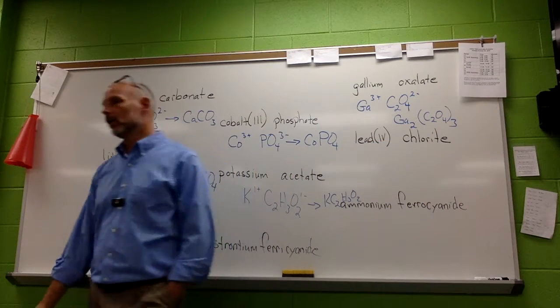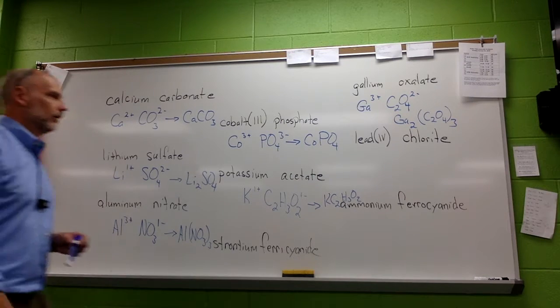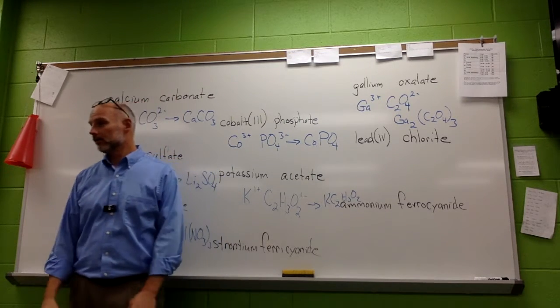So it's Ga2, C2O4 taken 3 times. 6 for 6. 1, 2, 3, 4, 5, 6. Lost a couple there, but that's okay. That was going to happen. That's where it starts getting more fun.